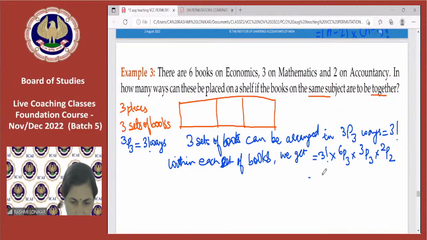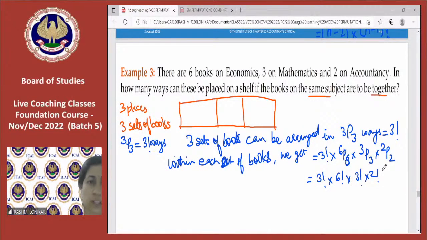So answer is 3 factorial into 6p6, 3p3 and 2p2. So this is 3 factorial into 6 factorial into 3 factorial into 2 factorial. Because inside the set of books, there is no restriction.